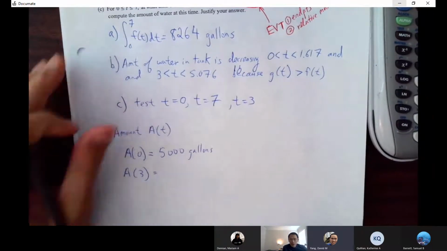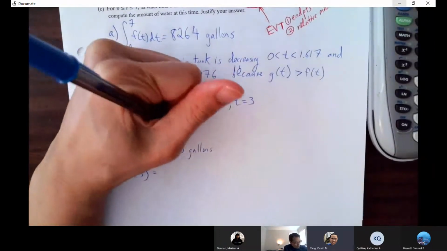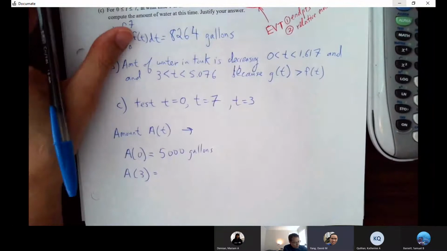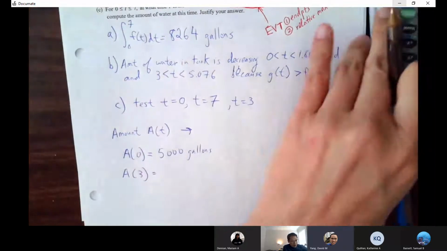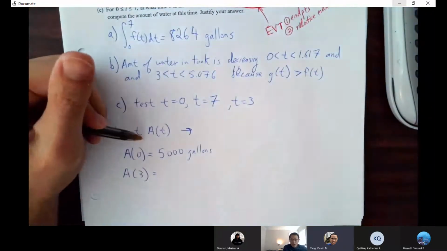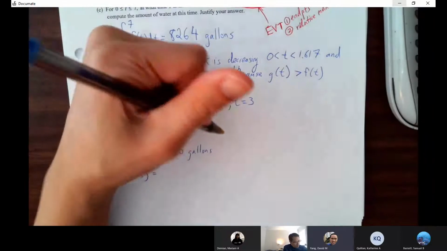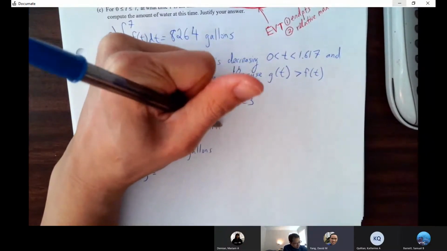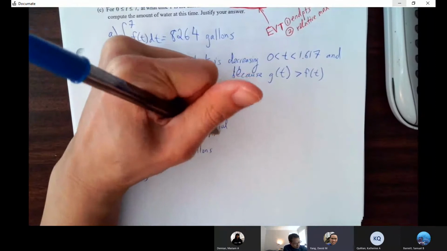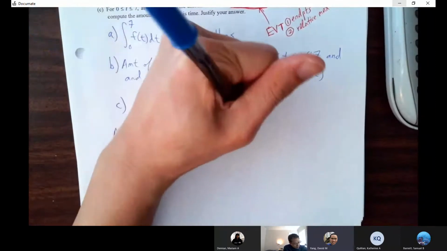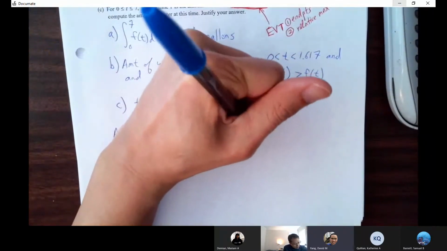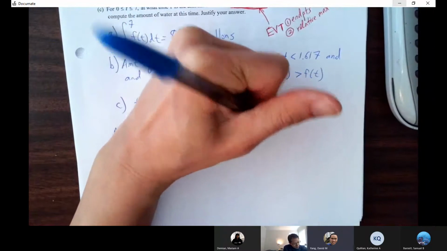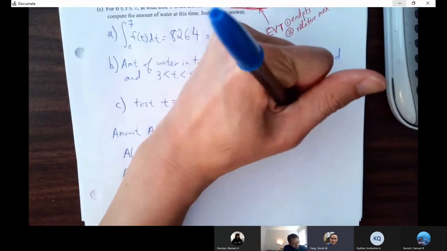Remember how we did number 3 with the amount of sand on the beach. Anytime we're talking about amount, there are 3 things we have to consider. We have to consider the initial amount plus the amount added minus the amount removed.